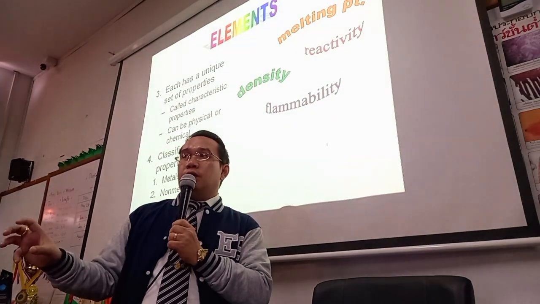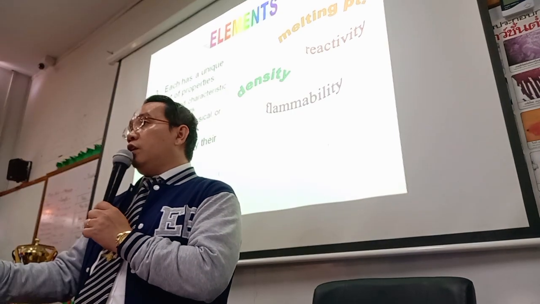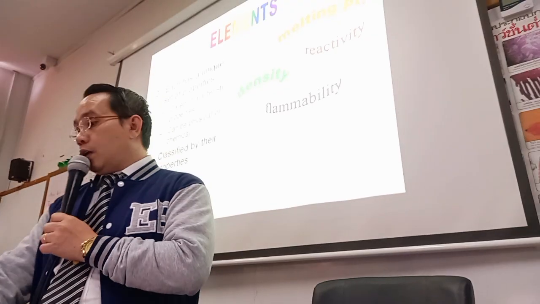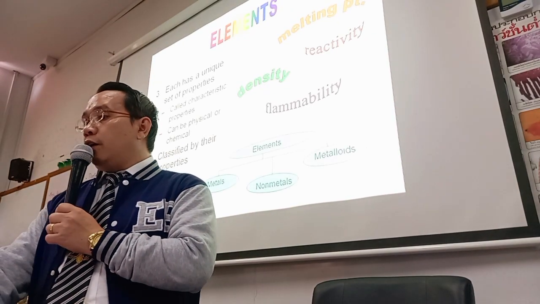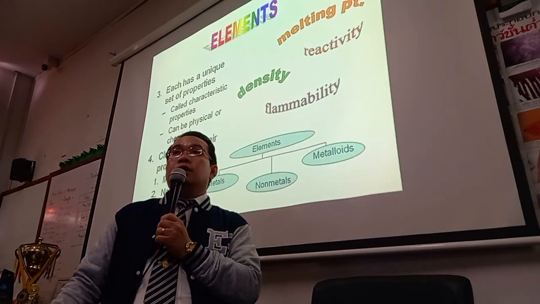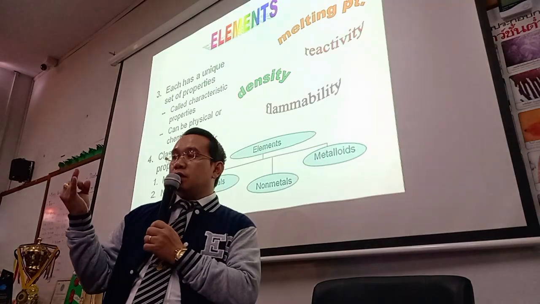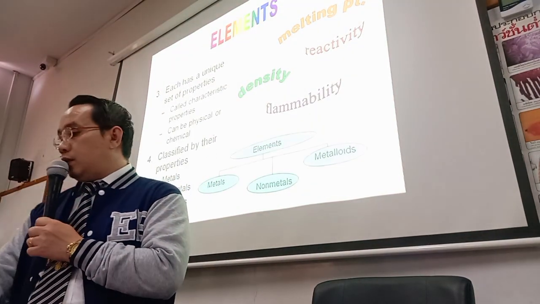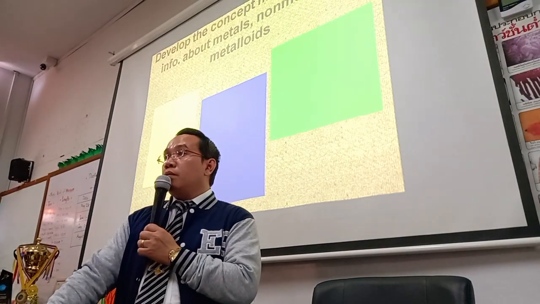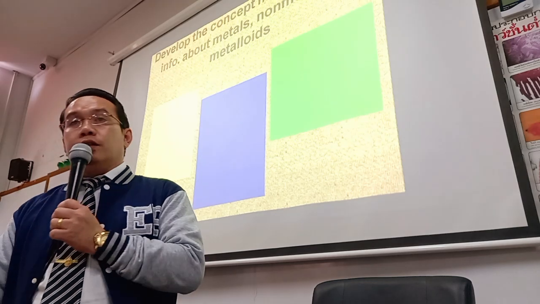Each element has a very unique property which is intended for different uses or purposes. So those elements are grouped into metals, non-metals, and metalloids. This develops the concept map by adding information about metals, non-metals, and metalloids.